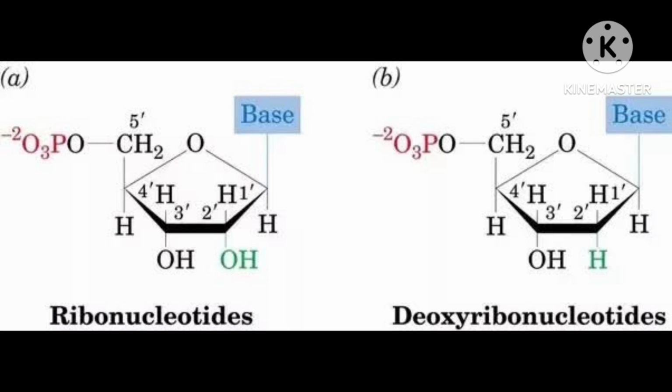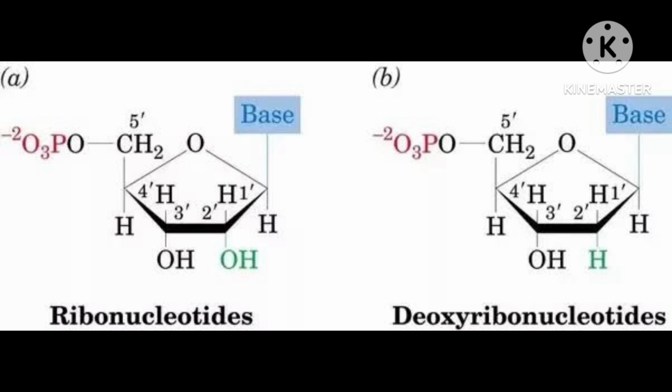Complete hydrolysis of DNA or RNA. If you do hydrolysis of DNA or RNA, what will you get? You will get pentose sugar, phosphoric acid, and nitrogen containing heterocyclic compounds. Nitrogen containing heterocyclic compounds, that is called base.